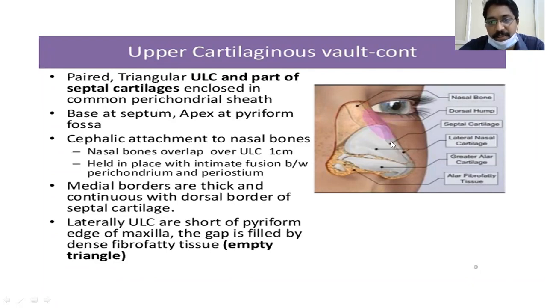Laterally, the upper lateral cartilage is short of the pyriform edge of the maxilla, and this gap is filled by dense fibrofatty tissue. This is called the empty triangle.